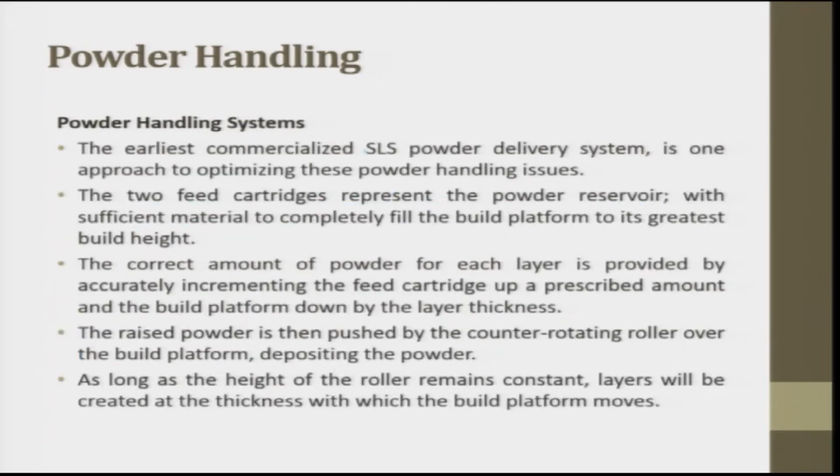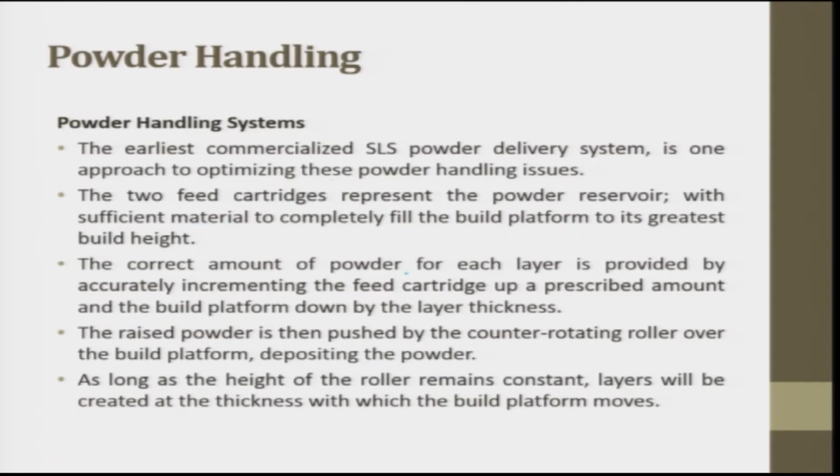The earliest commercialized SLS powder delivery system is one approach to optimize these powder handling issues. Two feed cartridges present the powder reservoir with sufficient material to completely fill the build platform to its greatest build height. So it was taken care of.